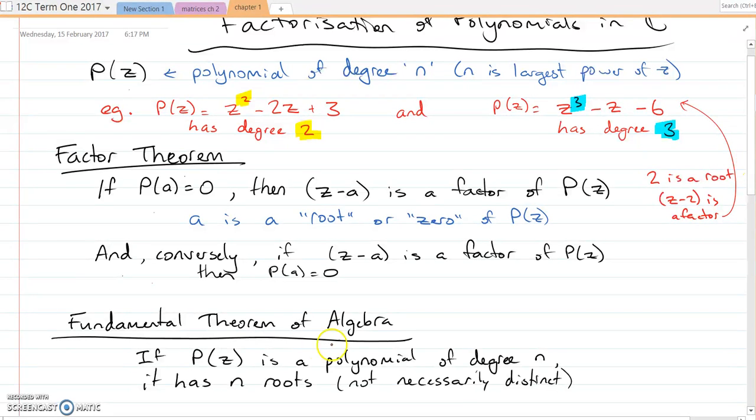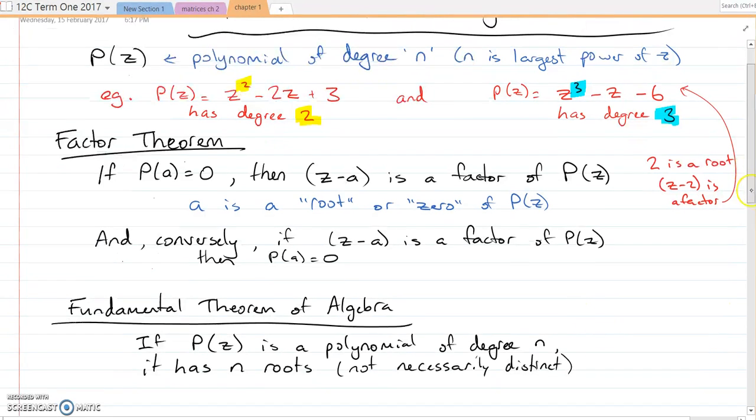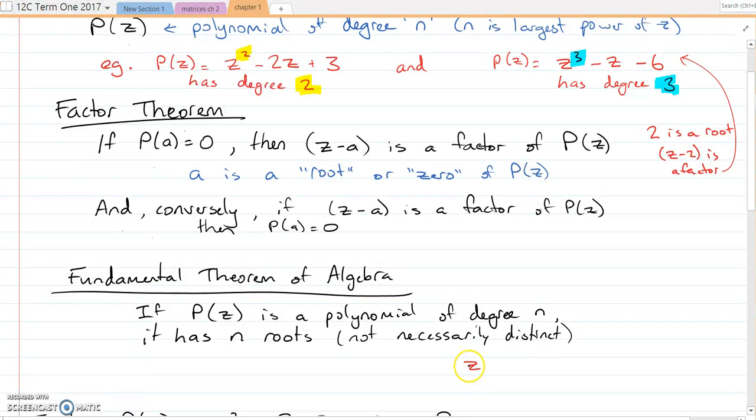Okay, the fundamental theorem of algebra. This says if p(z) is a polynomial of degree n, it has n roots. And they're not necessarily distinct, which means they all could be the same. Okay, so for instance, we had z cubed plus 3z squared plus 3z plus 1.